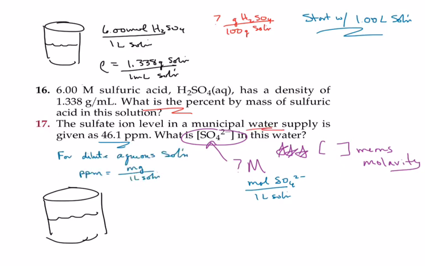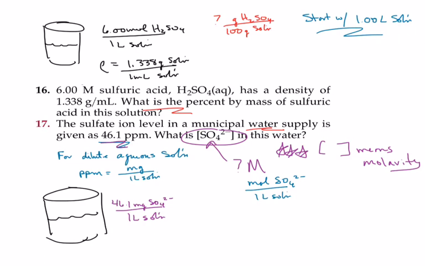But remember, if you have a dilute aqueous solution, which this falls into, I think the best way to work this is to recognize that you can substitute this out as a concentration of 46.1 milligrams of sulfate per liter of solution. Then you have a fighting chance. It's really not too bad then.